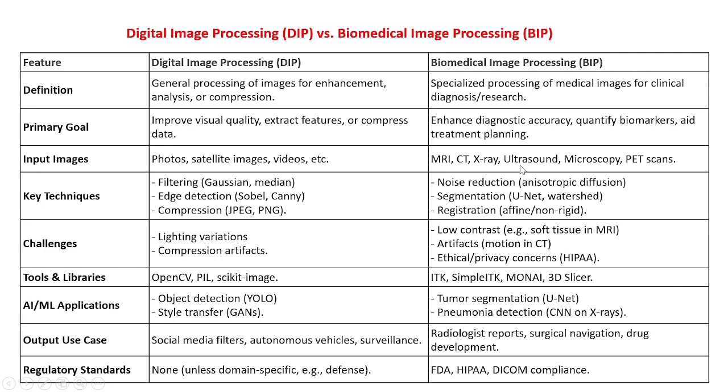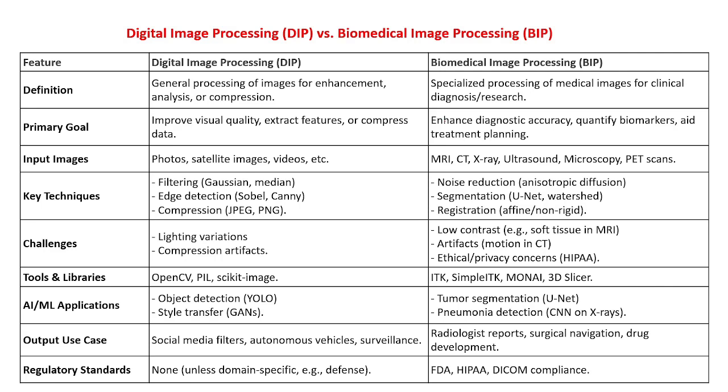Now we can see the classic difference between digital image processing and biomedical image processing. At first, the definitions: general processing of images for enhancement, analysis, or compression. For general image processing, the main target is enhancement of the image, analysis, and compression for transmission. But in the case of biomedical image processing, it is specialized processing of medical images for clinical diagnosis or research purposes.